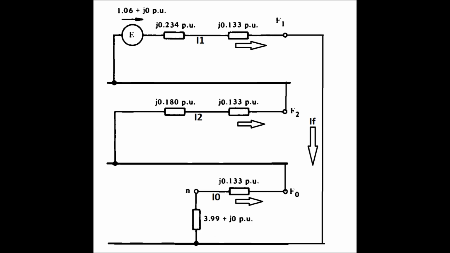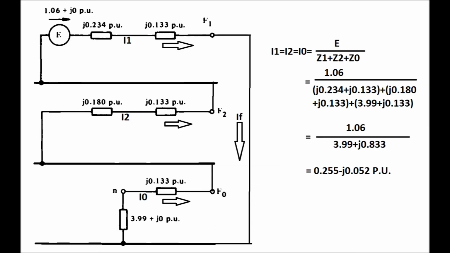So we'll calculate the value of each component of the current: I1 is equal to I2 is equal to I0 is equal to E divided by Z1 plus Z2 plus Z0. Here the value of E is equal to the pre-fault voltage in per unit, which is equal to 1.06 per unit.